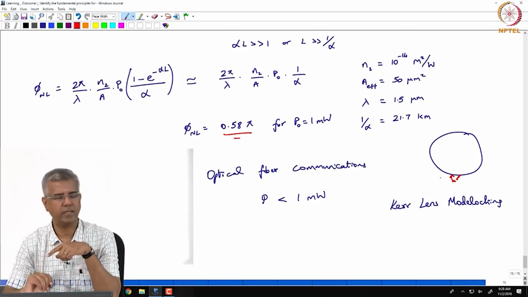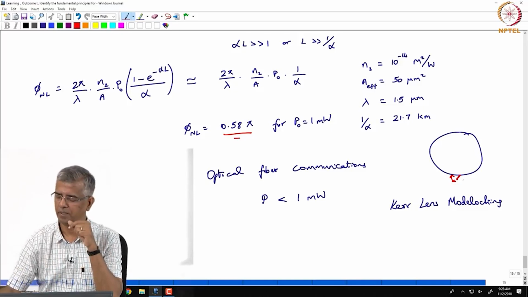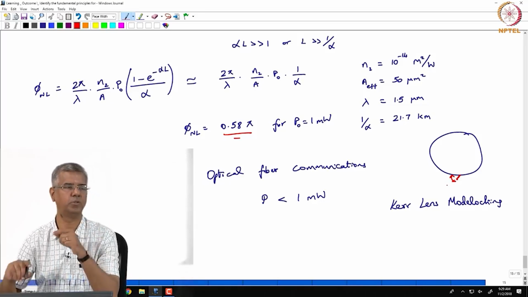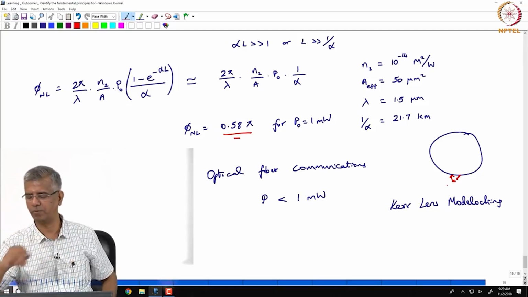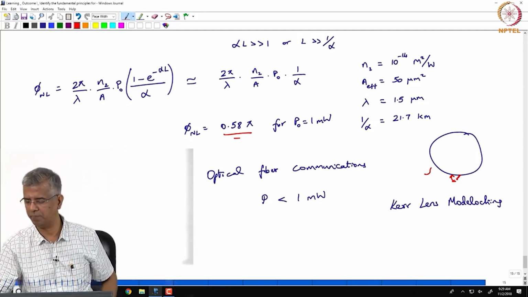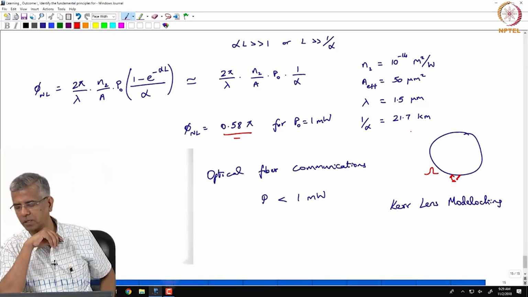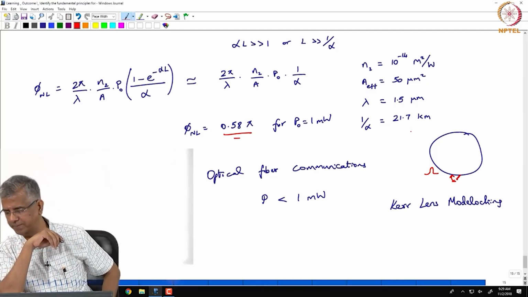What is the rate at which it should open or close to achieve mode locking? We talked about opening or closing at the rate of the cavity round trip frequency, so that you form a pulse, and that pulse is actually circulating within this cavity.